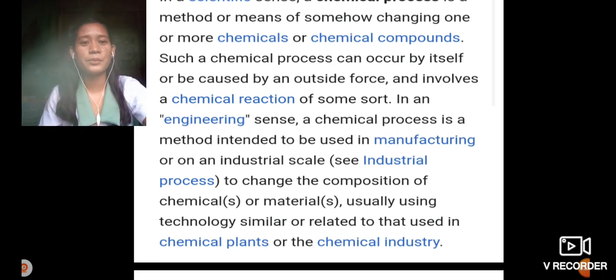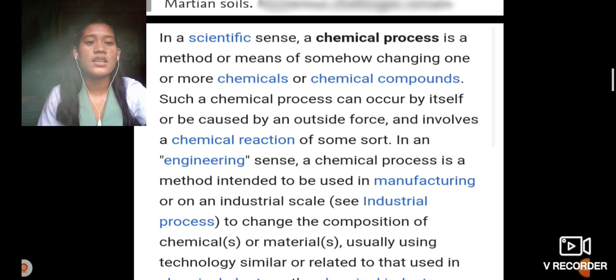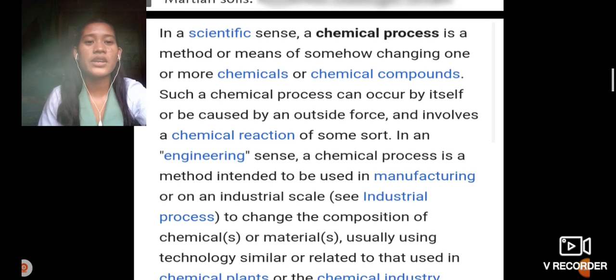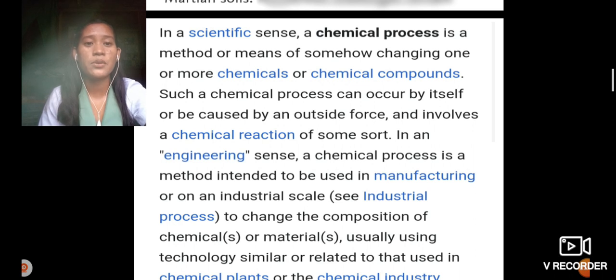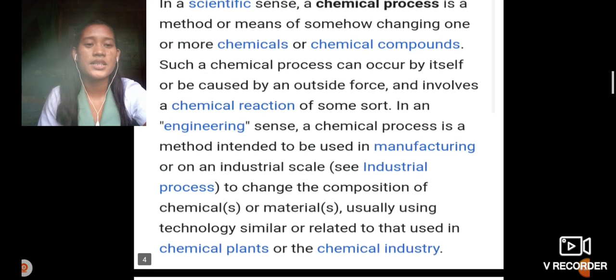Such a chemical process can occur by itself or be caused by an outside force, and involves a chemical reaction of some sort. That's the scientific sense of a chemical process.